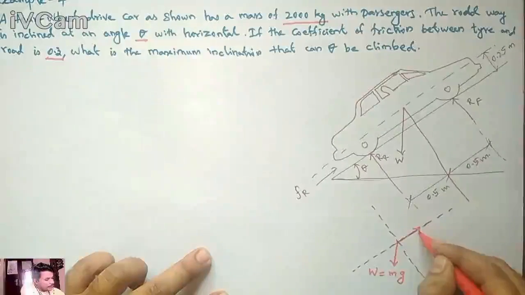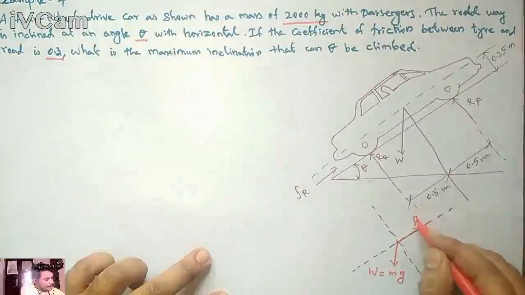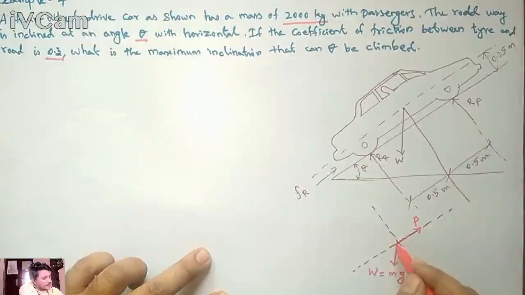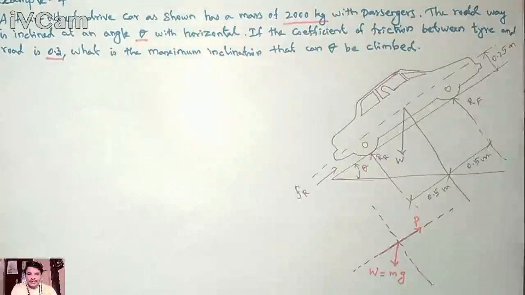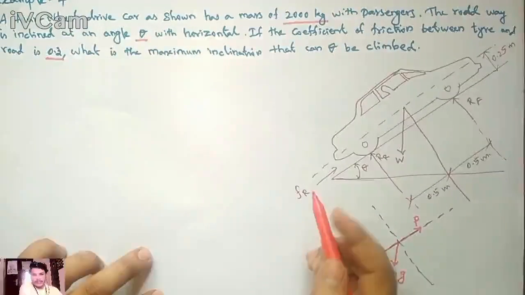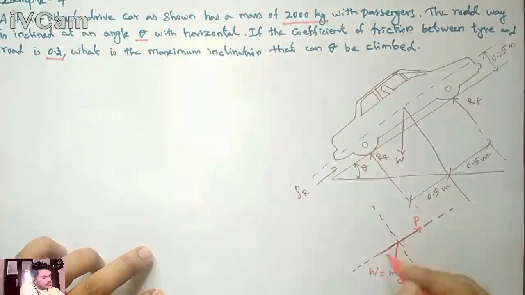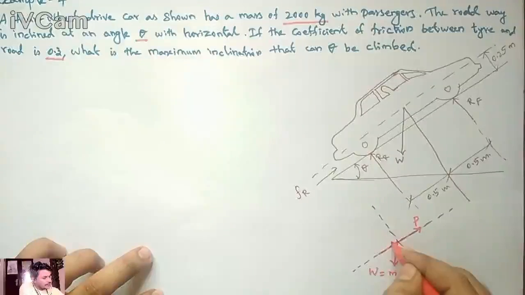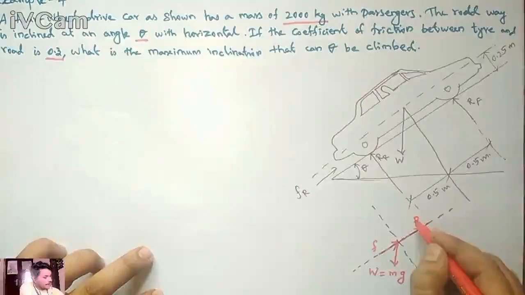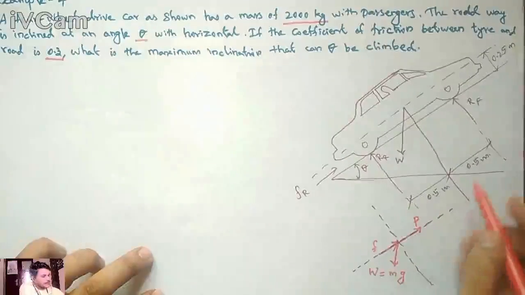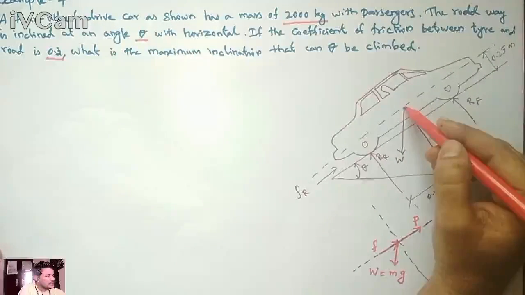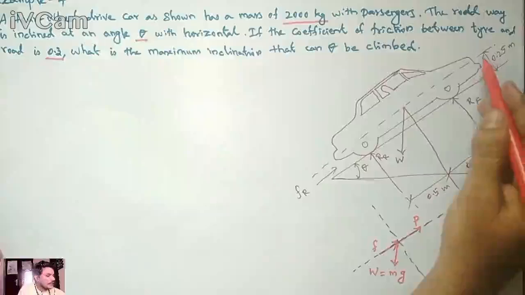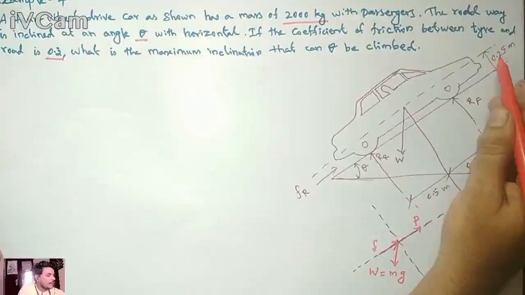Next, there is a force P, because the vehicle is moving in the forward direction, and there is a frictional resistance in the opposite direction. Since the vehicle is moving forward, the frictional resistance is here, F. Next, in this diagram, the height of the center of the vehicle from the road is given, which is 0.25 meter.